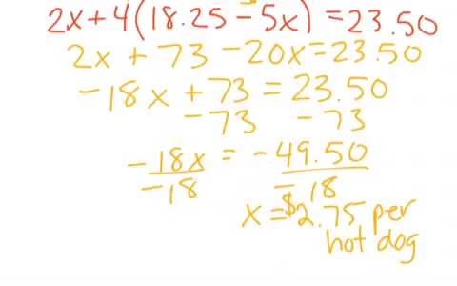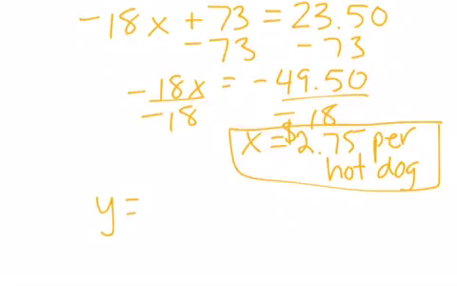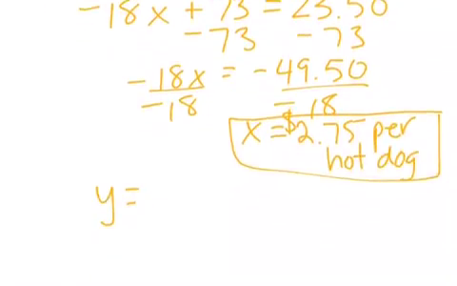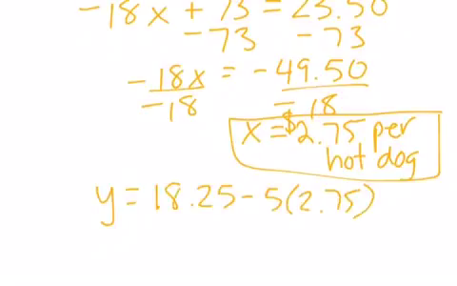And then y, we said y was equal to 18.25 minus 5x. I've got 18.25 minus 5 times $2.75, and that gives me $4.50 per hamburger.